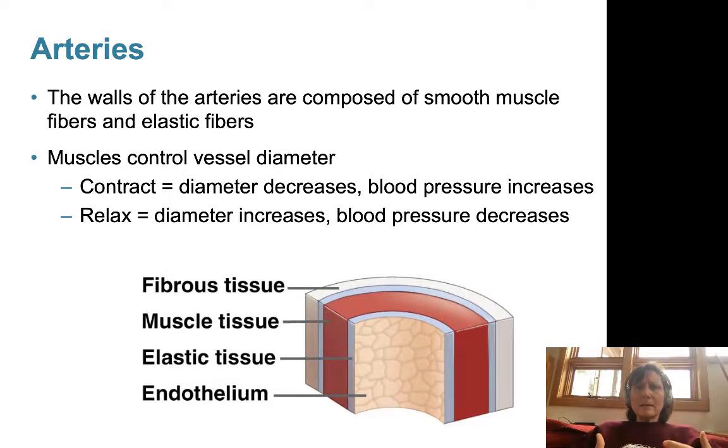In physics, that's not hard to understand. When the muscles contract, the diameter is going to decrease, but that's going to cause the pressure inside that artery to increase, right? And when the muscles relax, the diameter is going to increase. Blood pressure is then going to decrease.